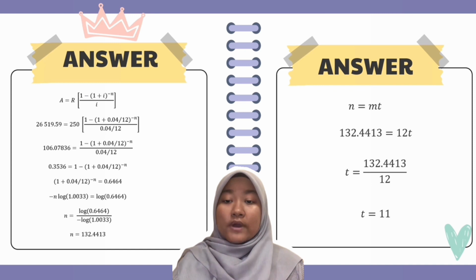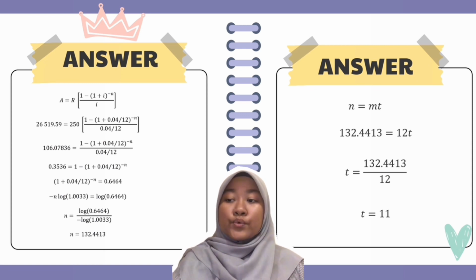After that, negative n log 1.0033 equal to log 0.6464. n equal to log 0.6464 divided by negative log 1.0033, and is equal to 132.4413. Then n equal to mt, 132.4413 equal to 12t. t equal to 132.4413 divided by 12. So t equal to 11.